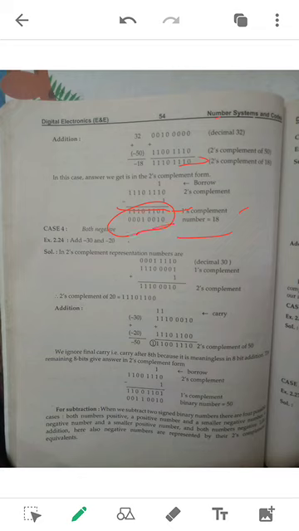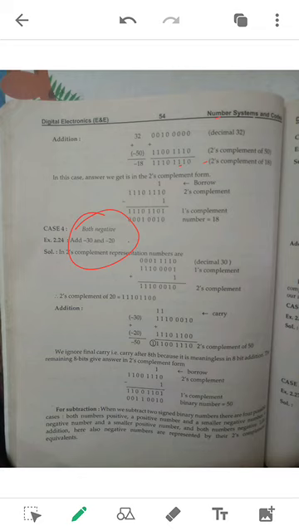Case 4, let us see both negatives. Case 4 is for both negative numbers. Let us add minus 30 and minus 20.